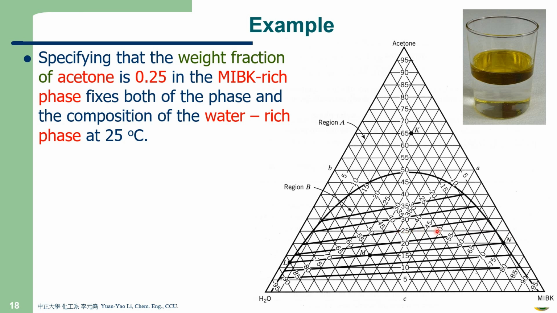You might say, well, why, Professor, is this not the tie line, why is this not the point? Because this is water rich. This is the point for the water rich phase, while this 25 here is the MIBK rich phase. The tag tells us this is the MIBK rich phase. So this is 25 here.